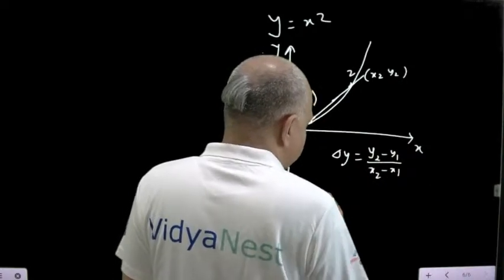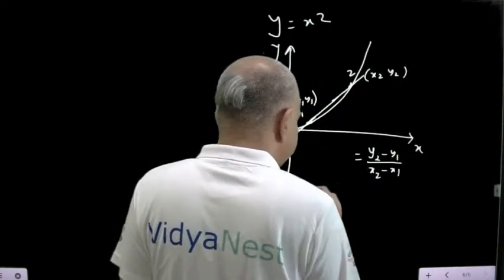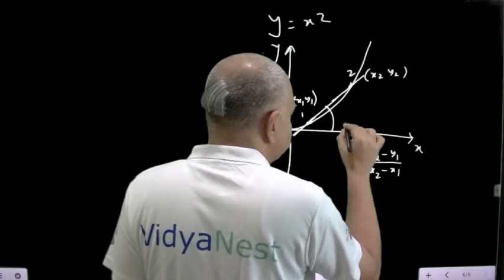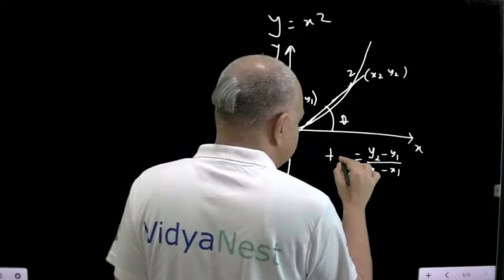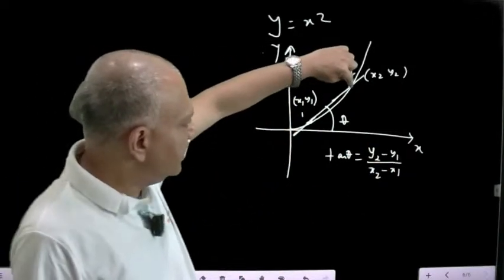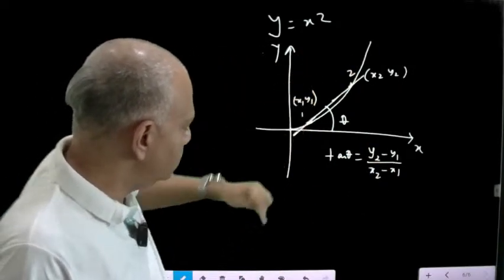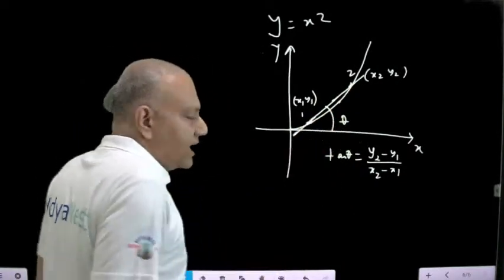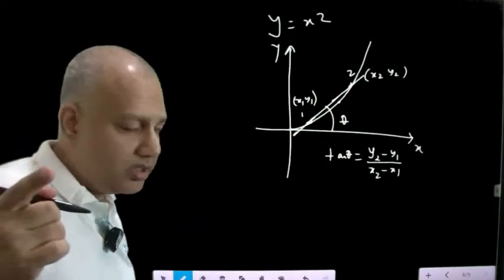So there is a slope, tan theta. But if I shift this point 2 nearer to 1, I'm bringing 2 nearer to 1. Now what can I write according to limits theory?